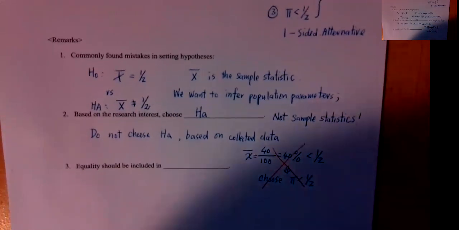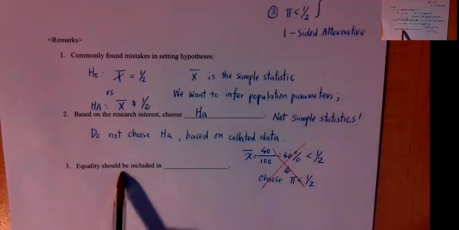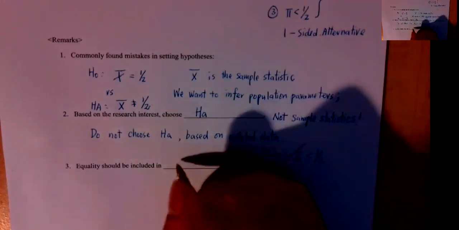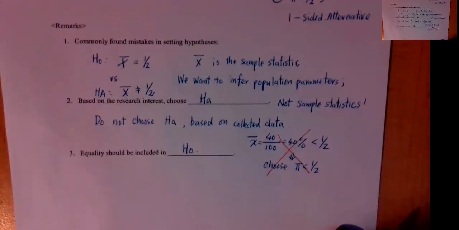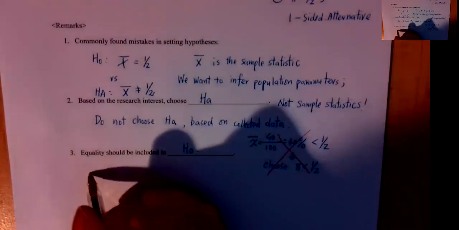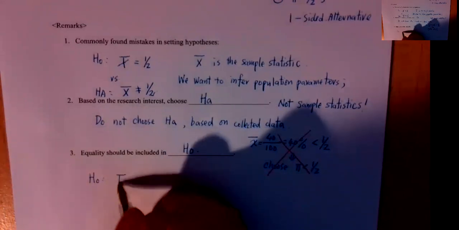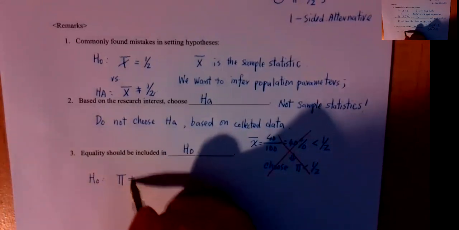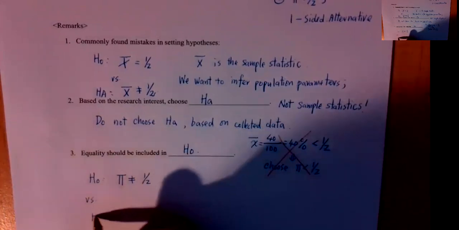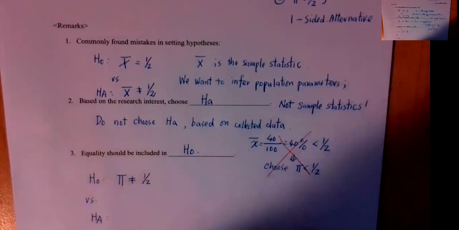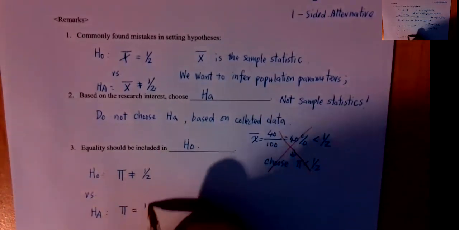Now, the third one: equality should be included in H naught. From time to time, I find people set up hypotheses like this. They say H naught: pi not equal to 1/2, against HA: pi equal to 1/2.